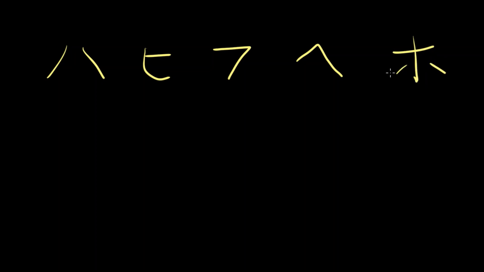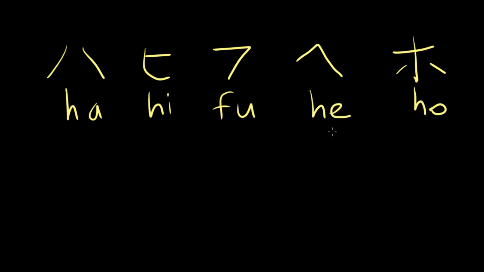Righto. Next line is the ha line. So ha, hi, fu, he, ho. You'll see that the katakana he and hiragana he are pretty much identical.